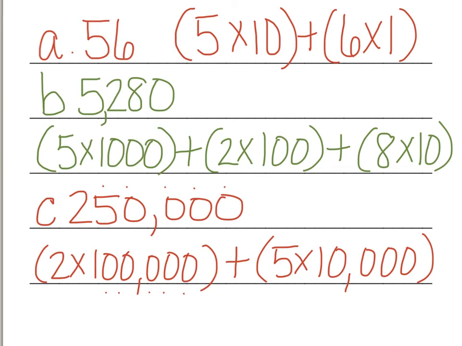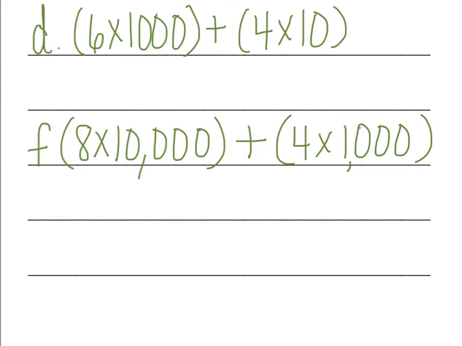Let's do a couple the other way where you go from expanded form to standard form. Okay, for the last two, I went ahead and wrote them out already since I had to do all the writing. For the expanded form, you give me the standard form of D. You don't have to write these numbers out, just give me the standard form.